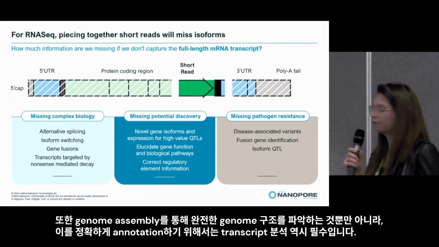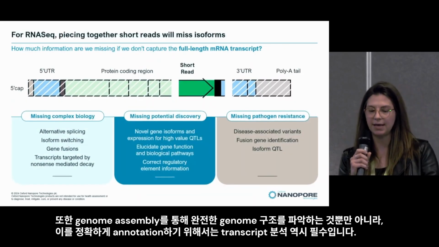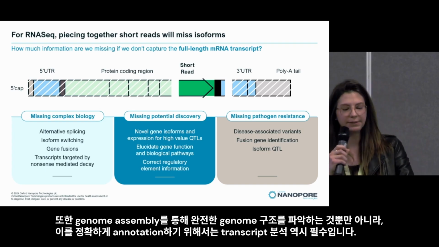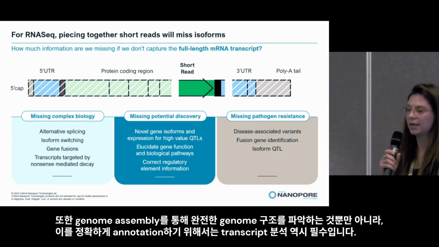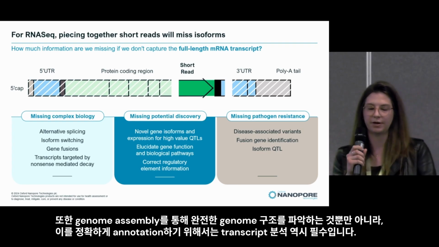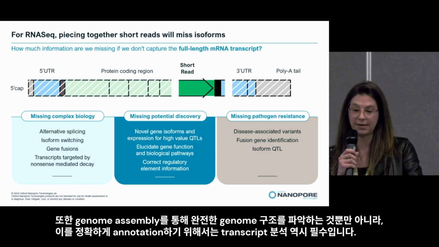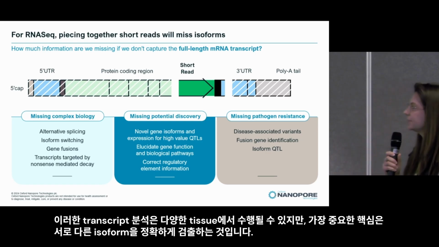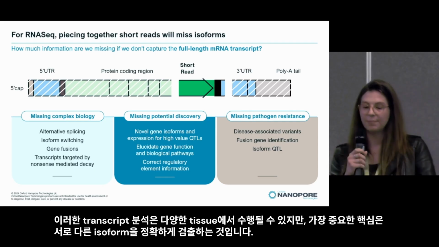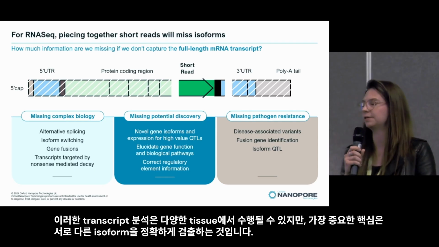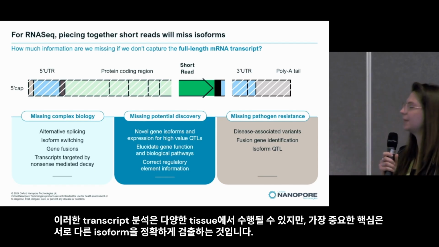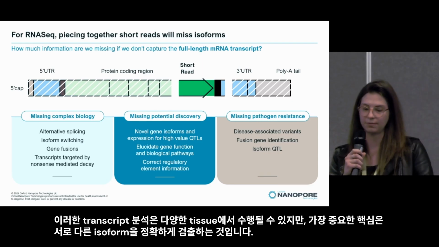So in addition to performing an assembly on DNA to generate a complete picture of a genome, it's essential to analyze transcripts in order to be able to annotate it. This analysis may come from different tissues, but the most important aspect of transcript analysis is to be able to detect different isoforms.